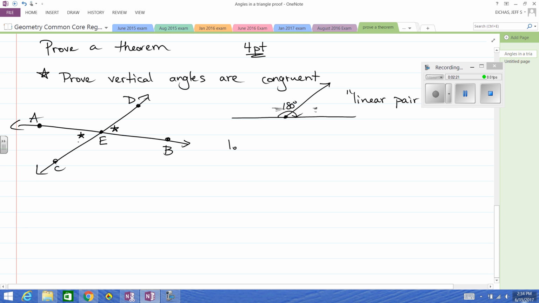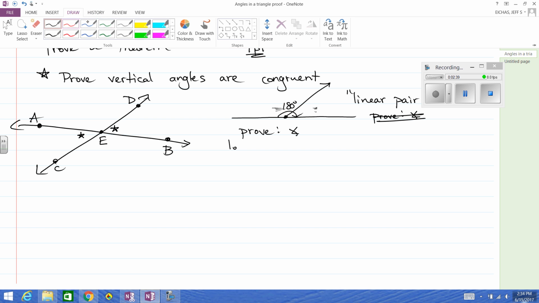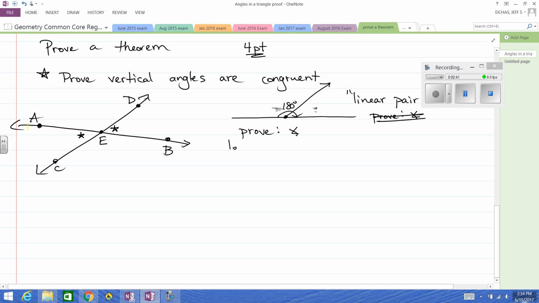How are we going to actually go ahead and prove this? Last time I numbered the angles for you. This time we are going to use a three-letter path, and I'll show you how that works. It's good to review that. I'm going to call this angle AEC. Basically, you're following that path.